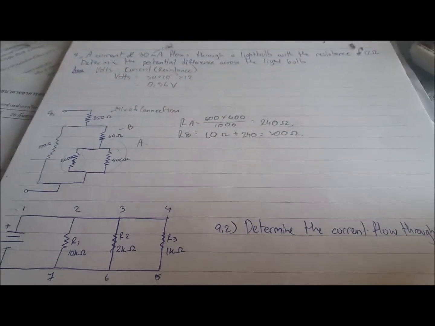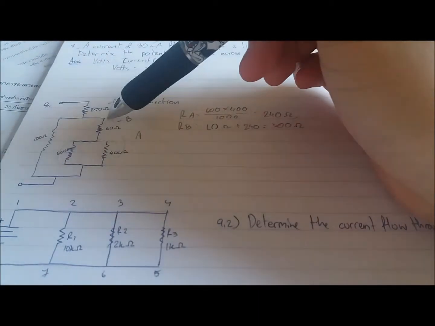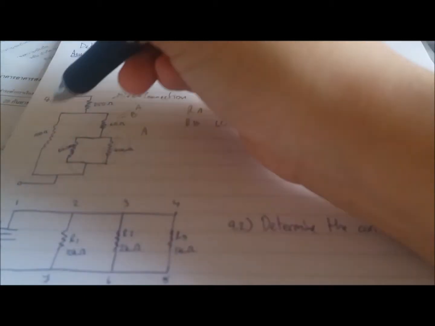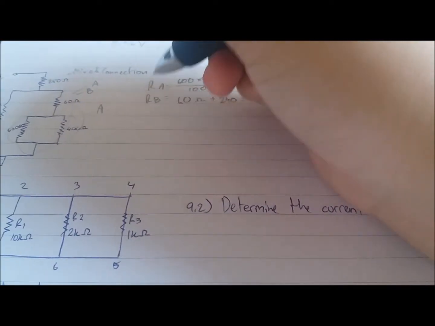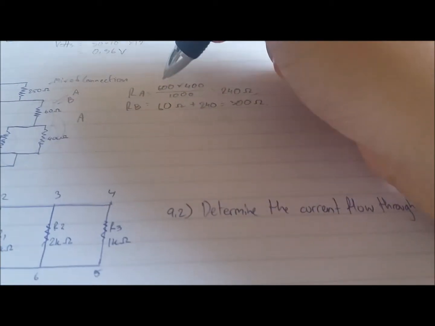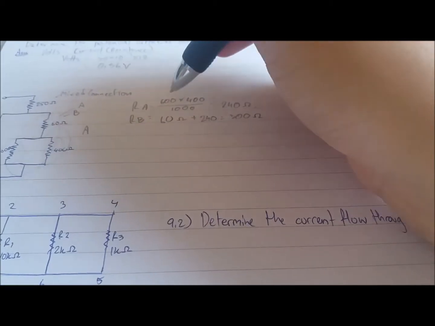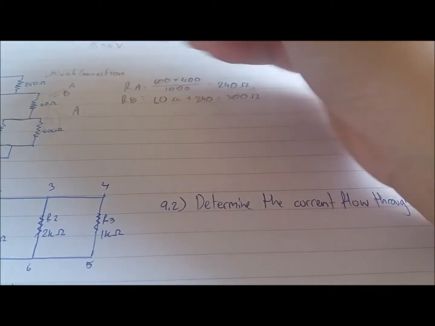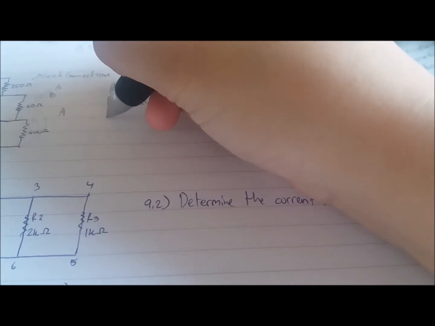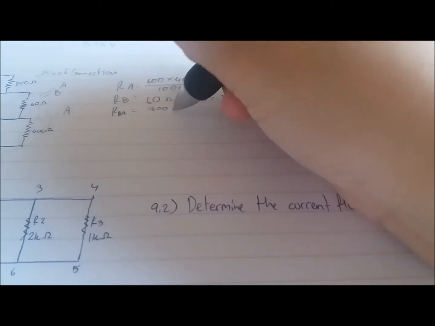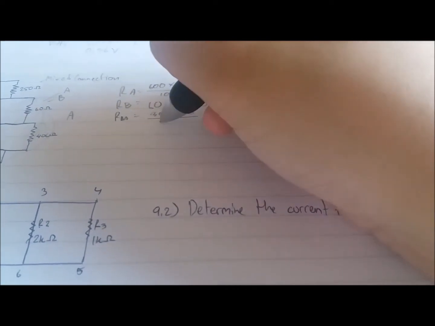So I already calculated that the row here in total is 300. So I'm going to calculate row big A and row big B. We're going to add them up, using the same formula as for row little a: the product of the 2 ohms, then divided by the sum of the 2 ohms. So row big A, 300 multiplied by 100 divided by 400.